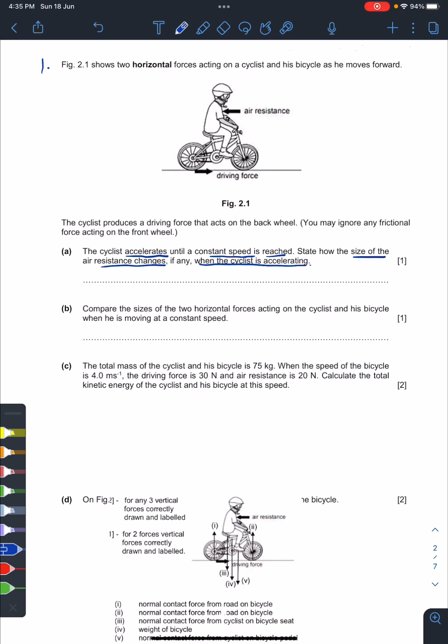What we need to know is that when speed increases, your air resistance increases. There's no formula per se, so you just say that it increases. That's all, because when it's accelerating, your speed is increasing. When you're accelerating, it means you're getting faster, isn't it?